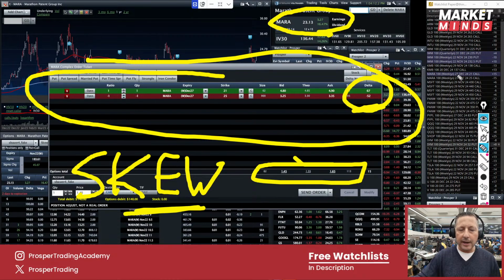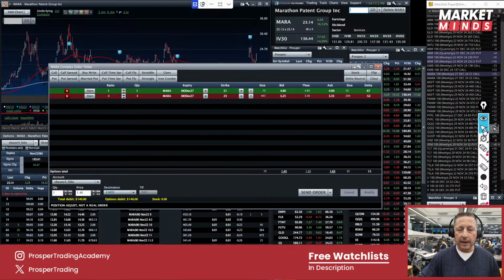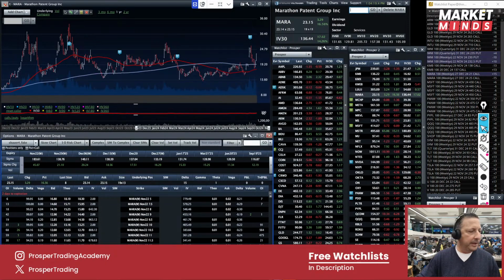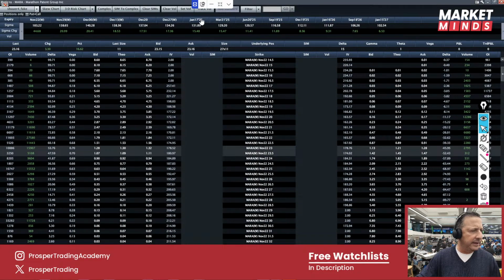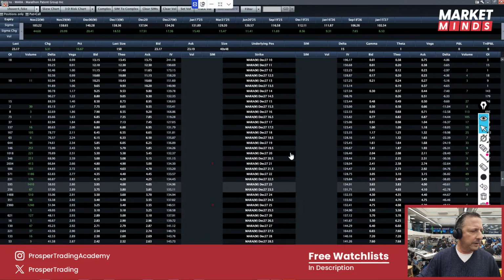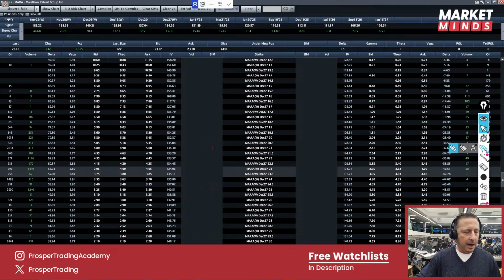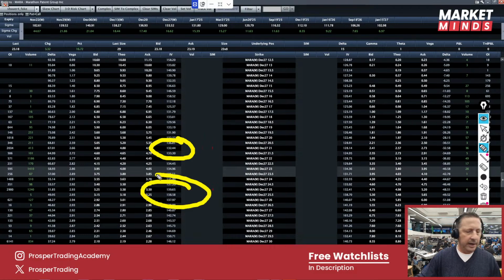The reason it's trading with that high of delta, higher than it normally would be, is because if we take a look at the implied volatility on these options here, our long call is right here, and the short call, the skew is to the upside. You can see it is much higher implied volatility. That higher implied volatility adds delta to that option.